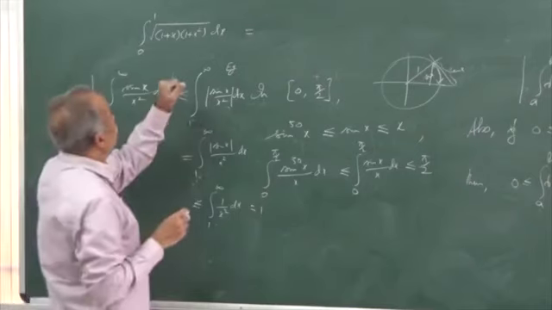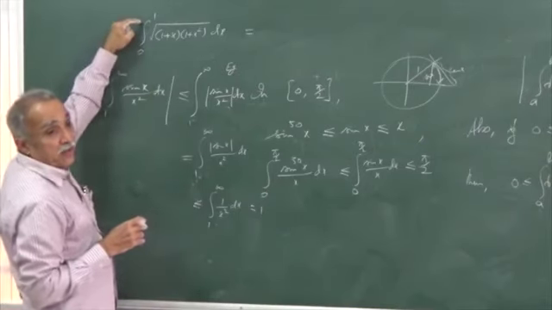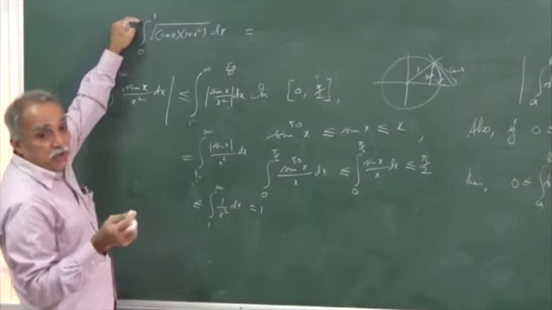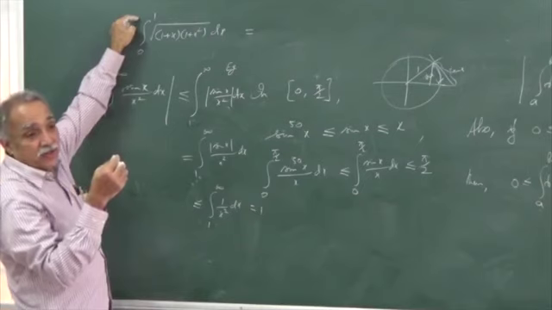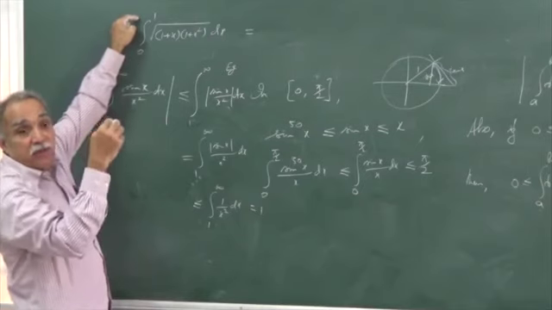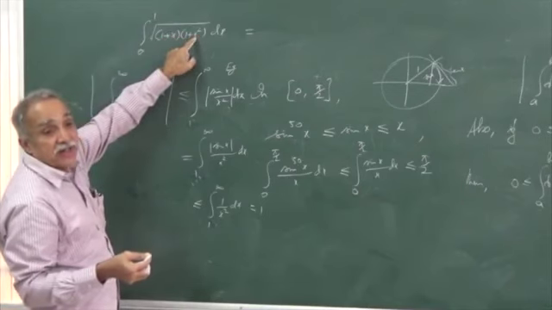What I do is, I notice that for every x in my interval 0 to 1, x is a positive fraction. Therefore, if you raise it to a power, value decreases. If you go on increasing the power, value goes on decreasing. Therefore, this x square certainly is less than x.